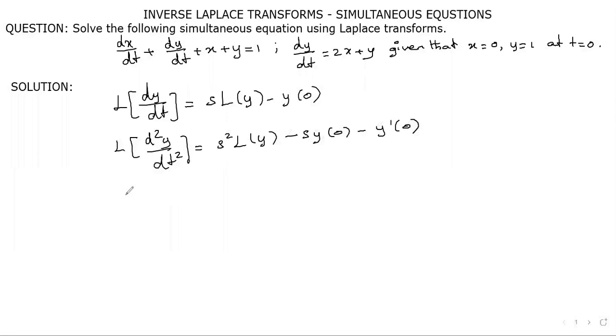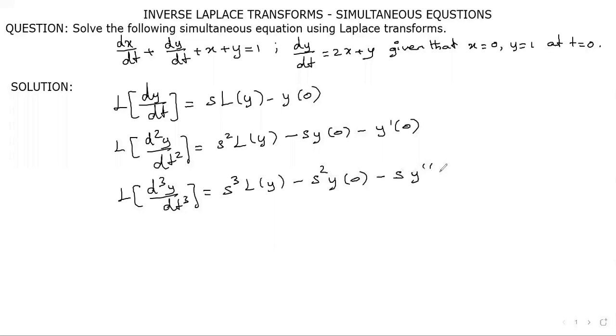For the third derivative, d cube y by dt cube is s cube L of y minus s square y of 0 minus s y dash of 0 minus y double dash of 0. Like this it will be.